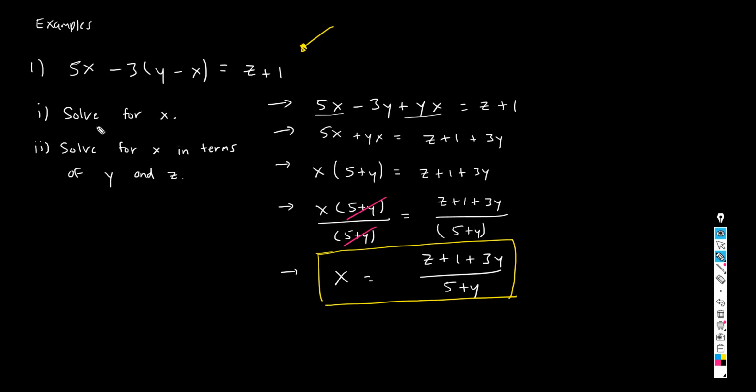And it means exactly the same as this instruction. It means the same. Okay, what does that mean? It means that the x is going to be isolated in one side of the equation, and on the other side, you will have all of this, all the other variables that are told in this part of the statement in terms of y and z.